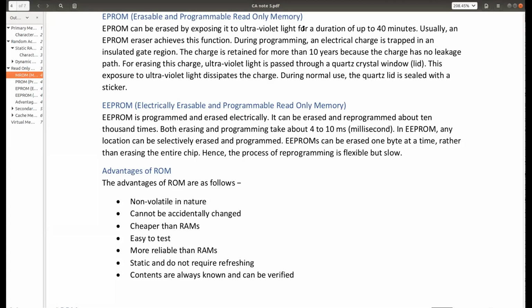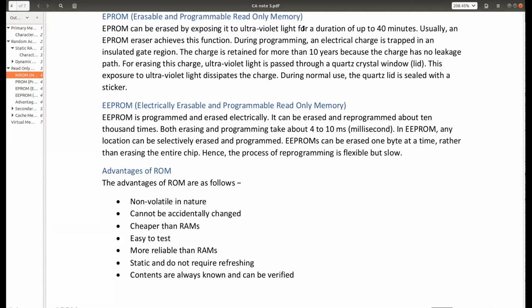That's why EEPROM is much more advantageous than EPROM, because here you can do the same thing in a very short span of time by using electrical charges. But in case of EPROM, you have to do it by bringing it under ultraviolet light. That's the difference between EPROM and EEPROM.